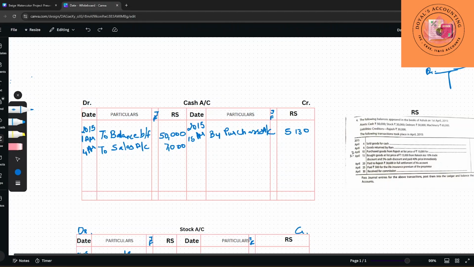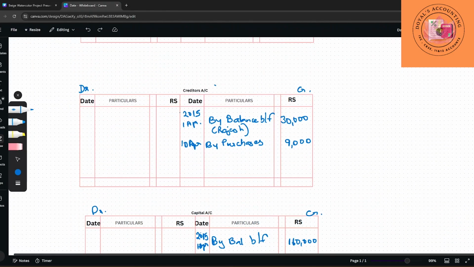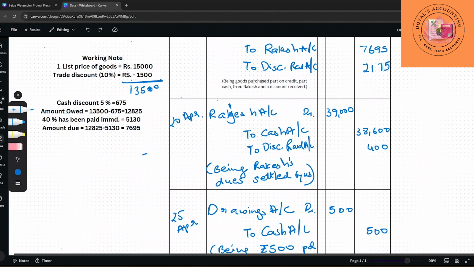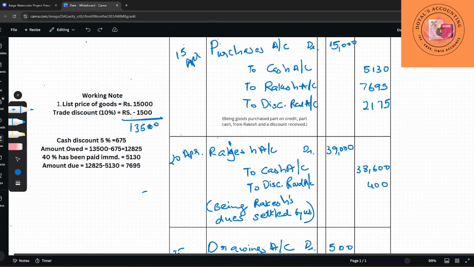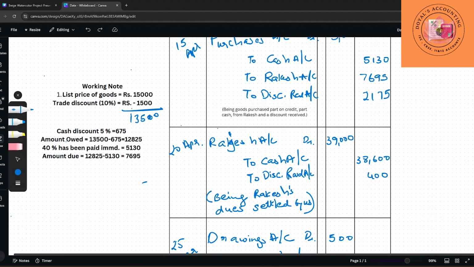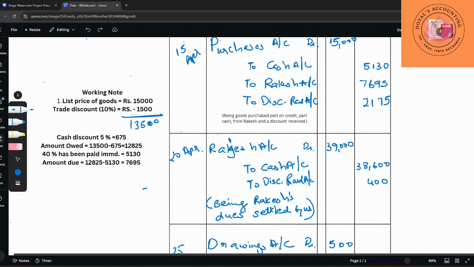Then next we will go to our creditors account. 15th April, by purchases. How much is the amount? 7. You should be very careful what figures you are entering, because if you enter the wrong numbers, then your accounts will be prepared wrong, because your closing balances will be wrong.